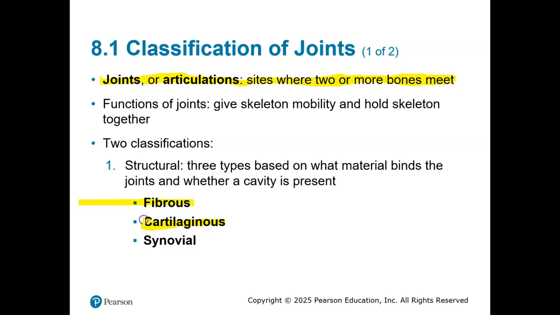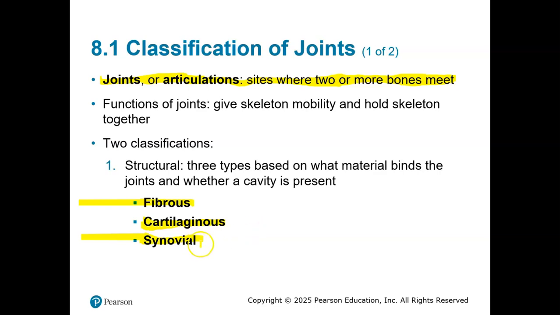Okay, so the synovial joints are the freely movable joints, and the structure of a synovial joint is the area where the two bones meet. There's a joint cavity, a joint capsule.